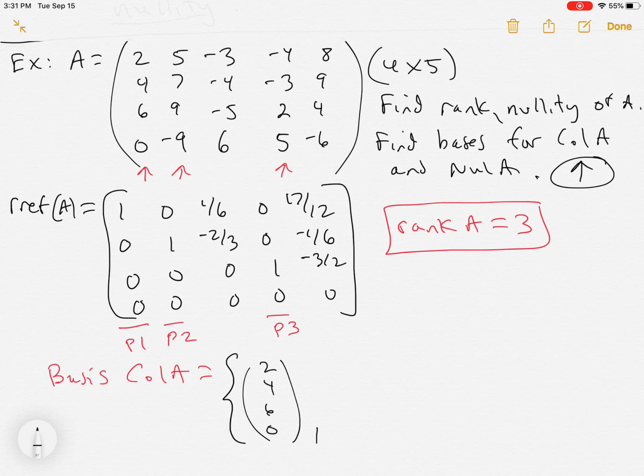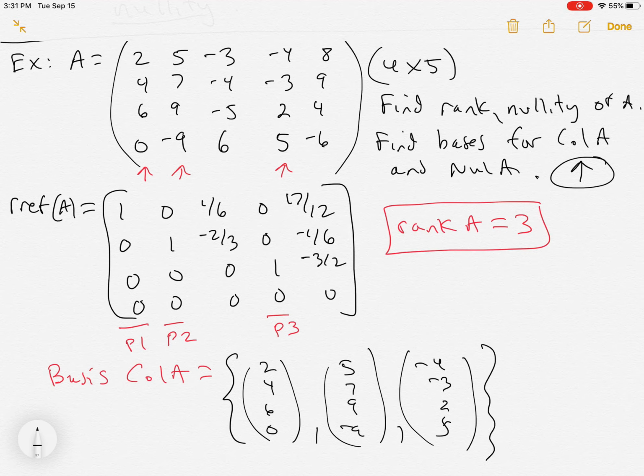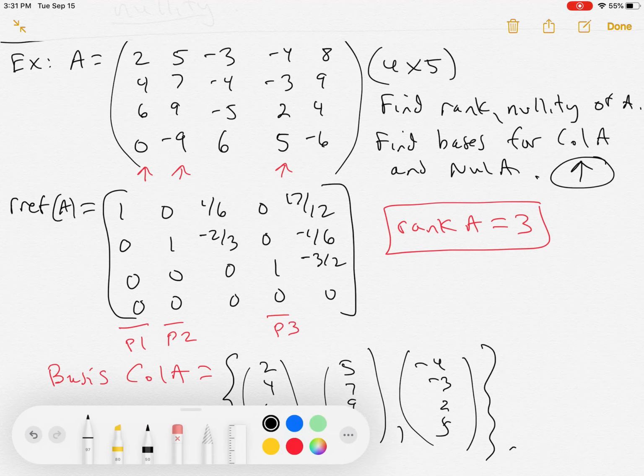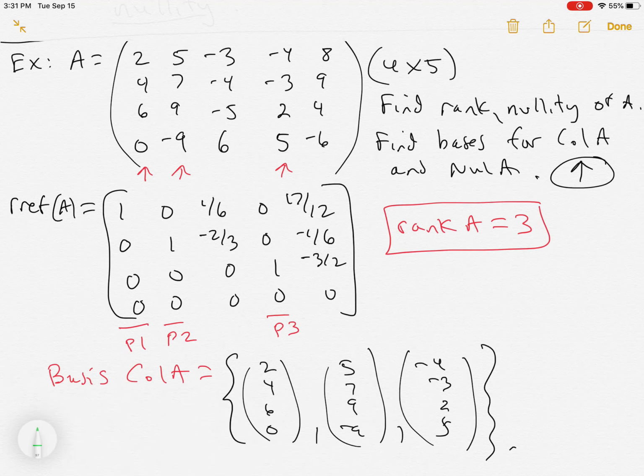Second one is 5, 7, 9. And the third one is -4, -3, 2, 5. Okay. So let's see here. We have solved now. We found the rank of A, and we found a basis for the column space of A.